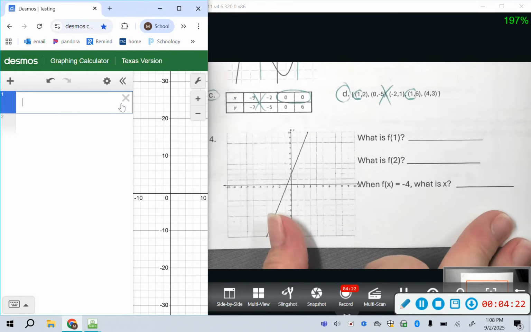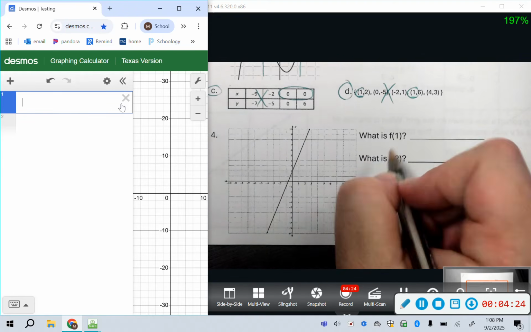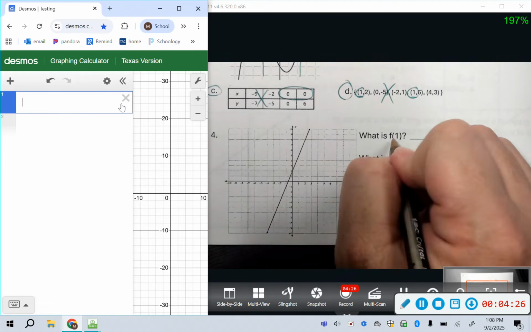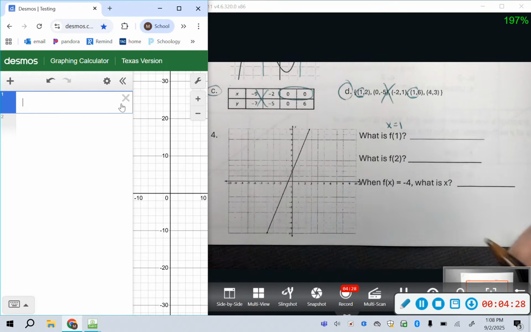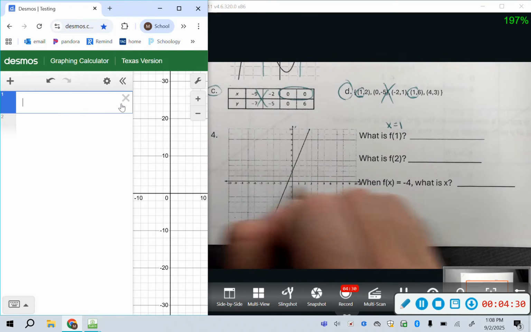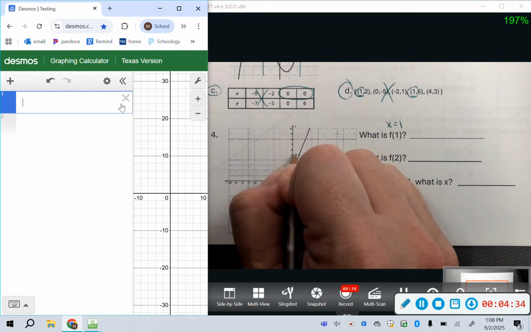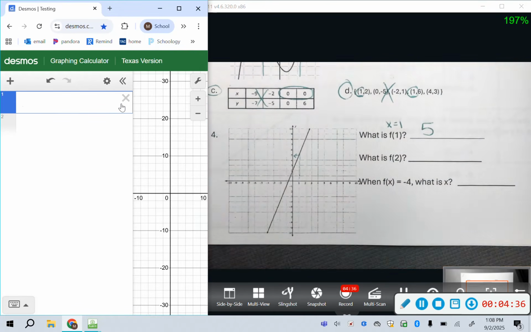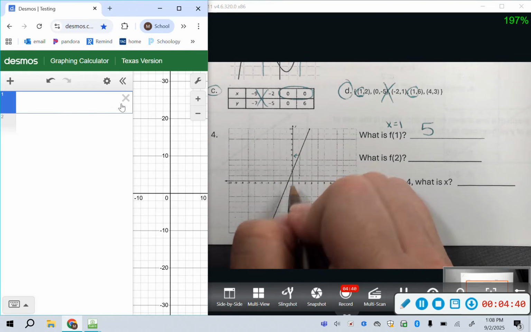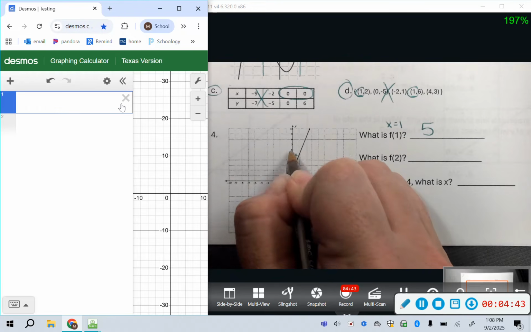Okay, number 4. I have my graph, and it says, what is f of 1? Well, remember, when it's inside, that's giving me x. So I'm going to look on my x-axis for 1, and I'm going to draw up to see the height of that point, and that is a height of 5. Be careful, I know the numbers are kind of hard to read, but you can count 1, 2, 3, 4, 5.